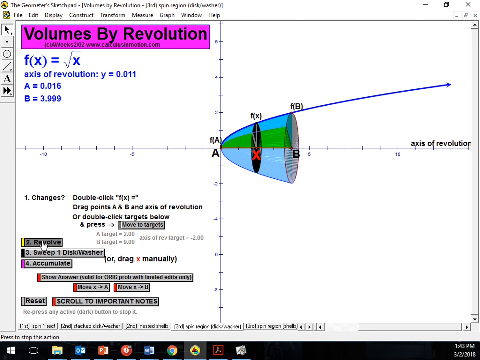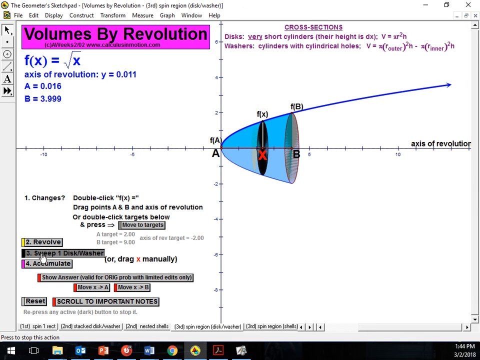So we're finding the volume, but it's not a cylinder anymore, right? Because of this function right here, it's not going to make a straight cylinder. It's curving the line now. The f of x changes at all points, and because it's changing at all points, we have our circle.